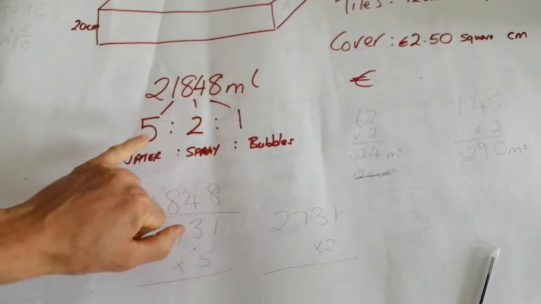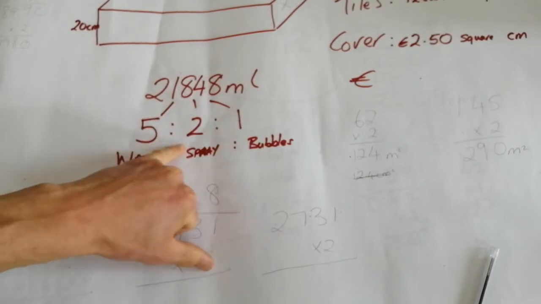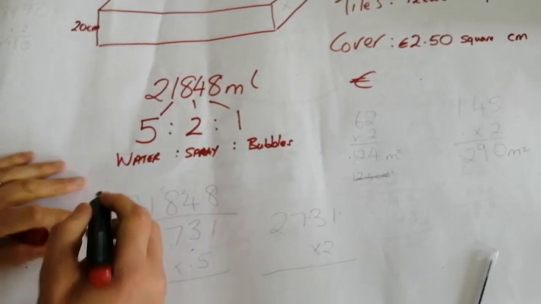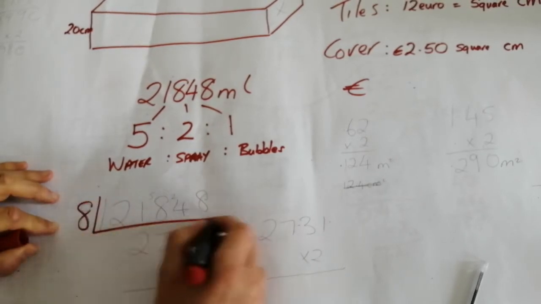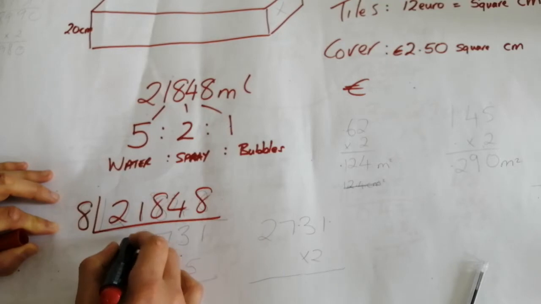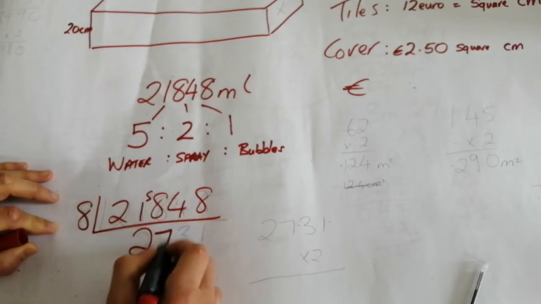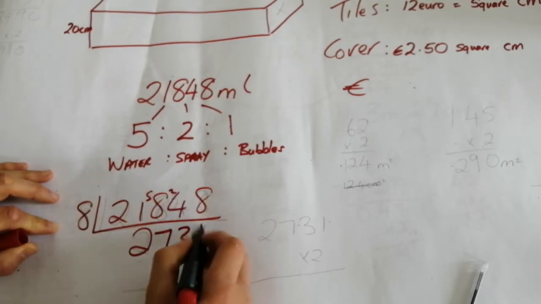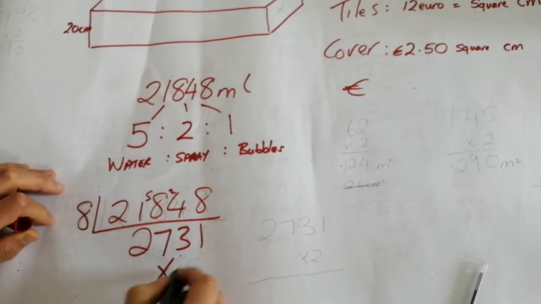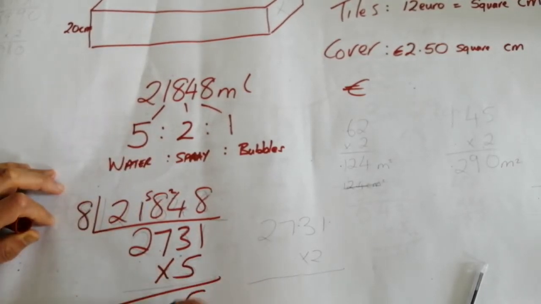So in the ratio, there's 8 parts in the ratio 5 to 2 to 1, water, spray and bubbles. So if we divide this by 8, two times 5 left over, 7, 3 and 1, okay? And then to get 5 parts, there's no carrying 1 there, silly, 15, 36.